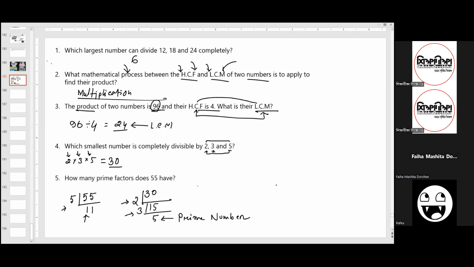So if we process 24 by this procedure, it is 12, 2, 6, 2, 3, right? If we are asked how many prime factors 24 has, the answer is 2 and 3 only, not 2, 2, 2, 2 or 3, 3, 3, 3, right? We are looking for the prime factors only, not how many times they appear inside that number.